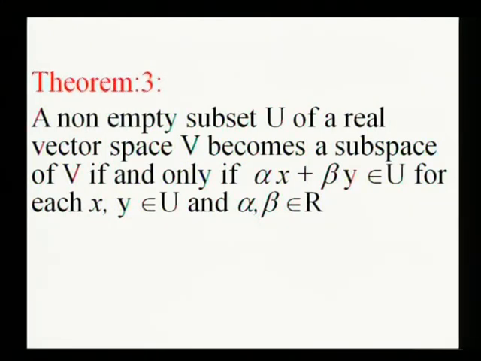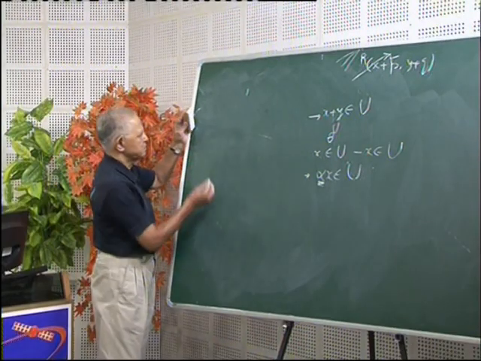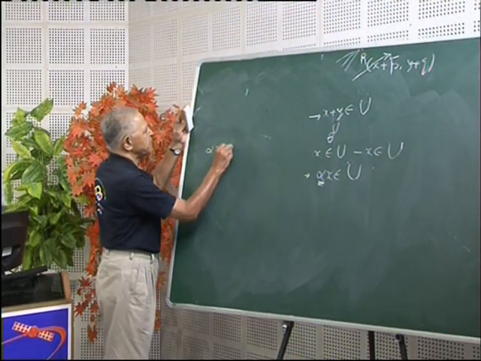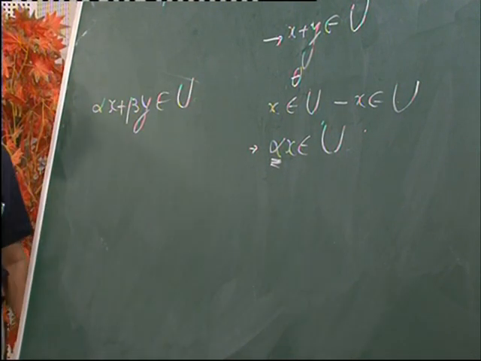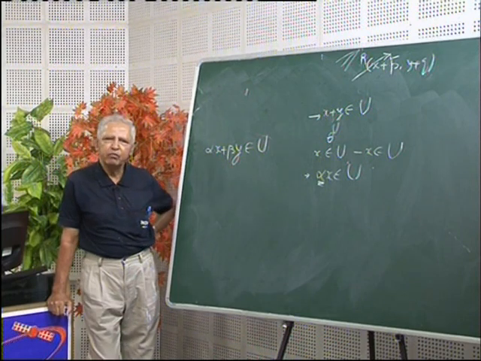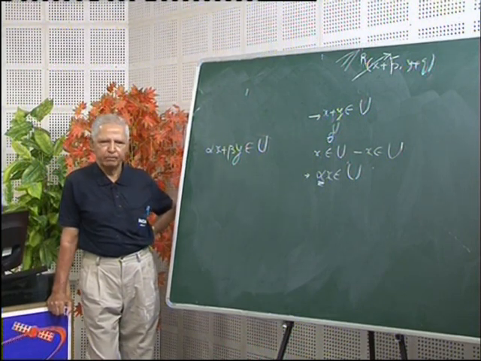Suppose this condition is satisfied, that alpha x plus beta y belongs to U for all real numbers alpha, beta and vectors x, y.